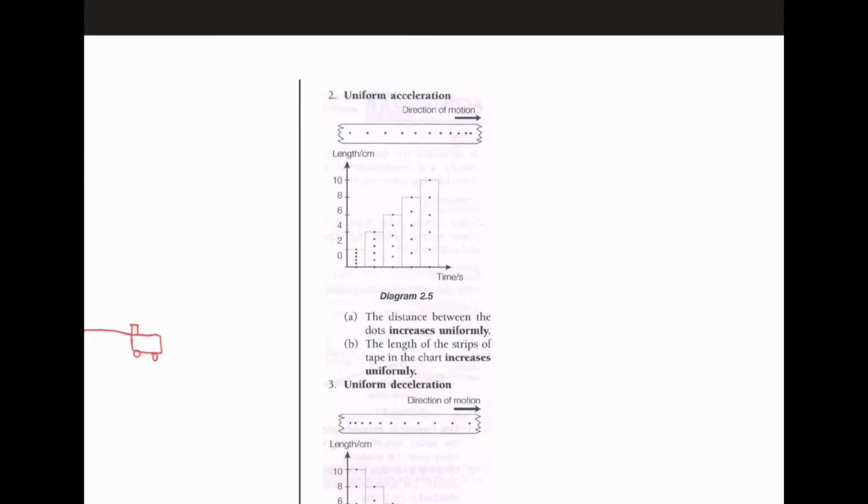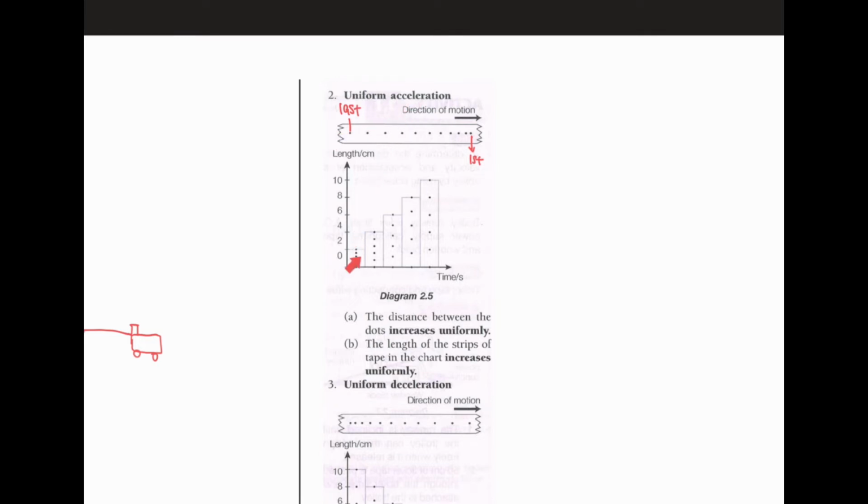Uniform acceleration, which means it is getting faster and faster. So remember that the first dot is here, the last is here. Initially you can see they are moving a small distance, and then the distance is getting larger and larger, showing that the object is moving faster and faster, in other words accelerating.